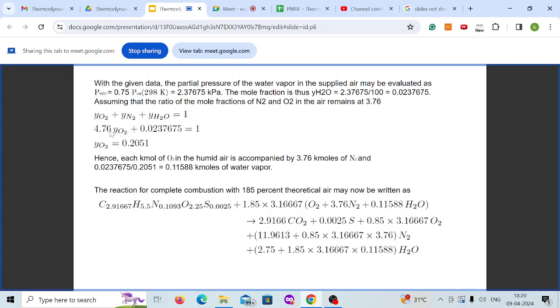Combining both, you can write in terms of oxygen as 4.76 times the mole fraction of oxygen plus the mole fraction of water which you have found out, and this will be equal to 1. The summation of the mole fractions of all components in the air is equal to 1. From this you can find the mole fraction of oxygen, which is 0.2051, and similarly for nitrogen it is 3.76 times 0.2051.